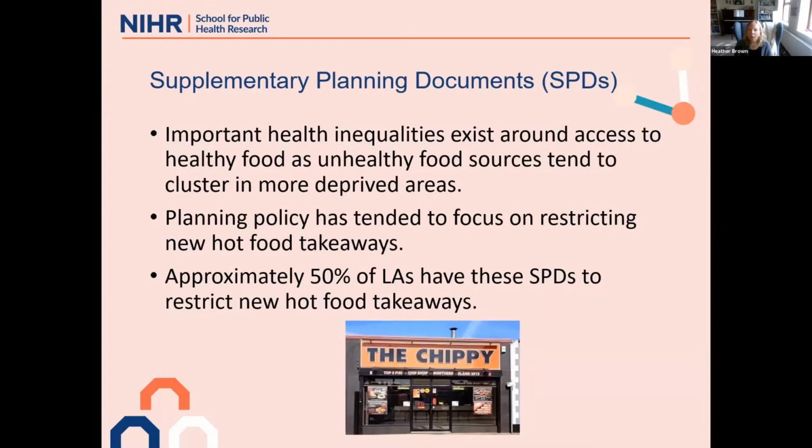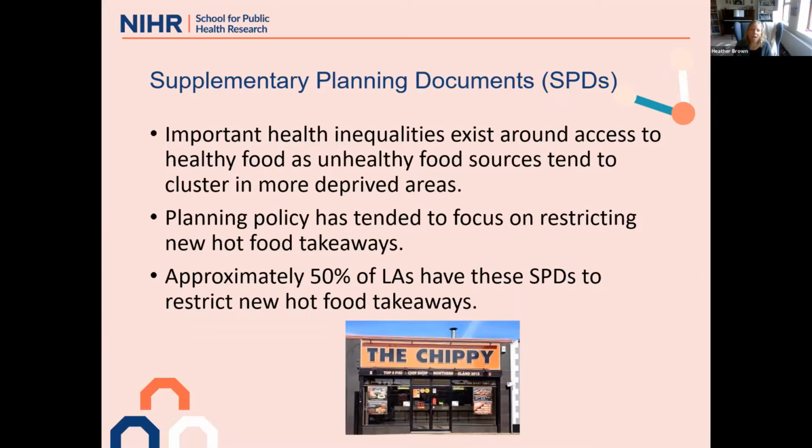Since 2013, public health teams and planners have worked together to create planning guidance, called supplementary planning documents, which fit within the plans for the local authority in terms of how they want their built environment to look.